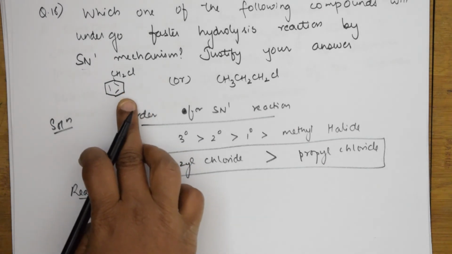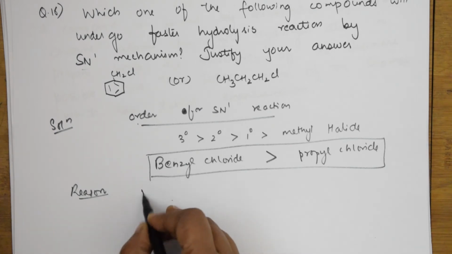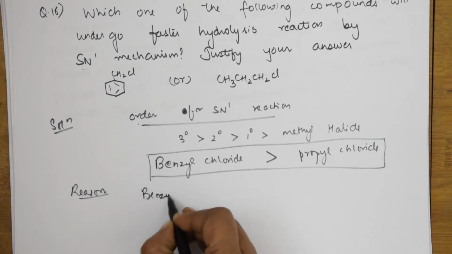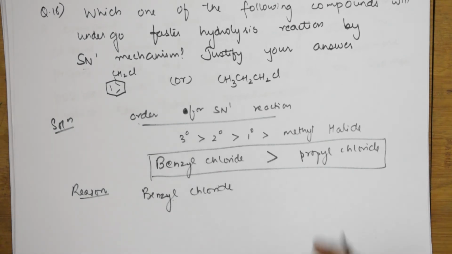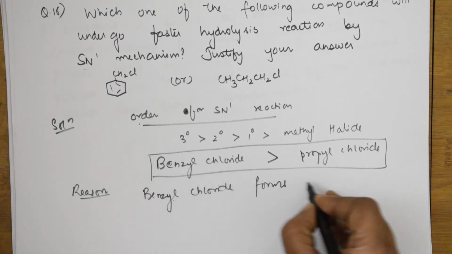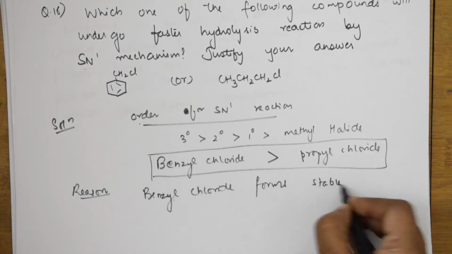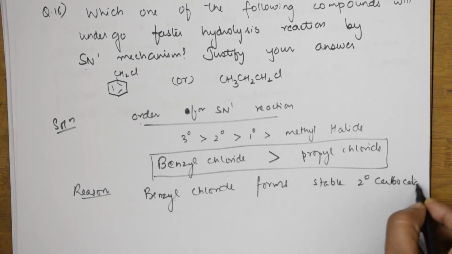Because it shows resonance, during this process of resonance, benzyl chloride forms, most important thing, a stable secondary carbocation. We are going to see how it forms a stable secondary carbocation.